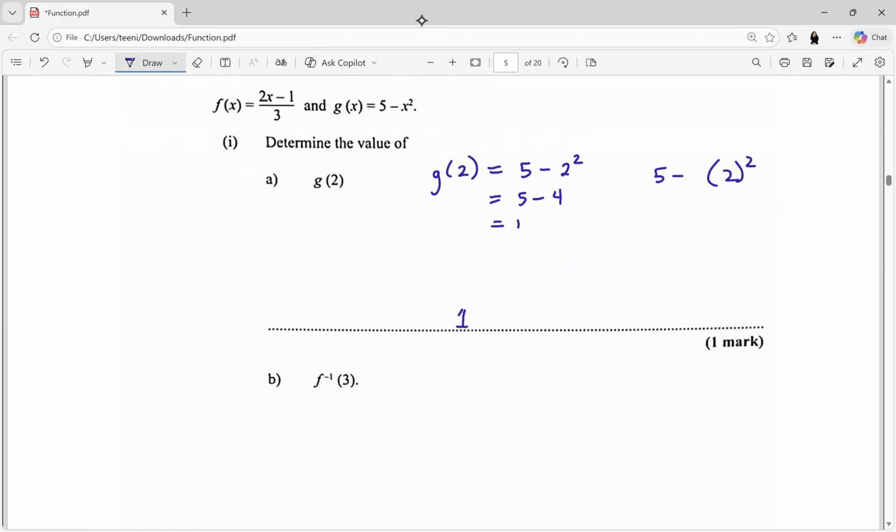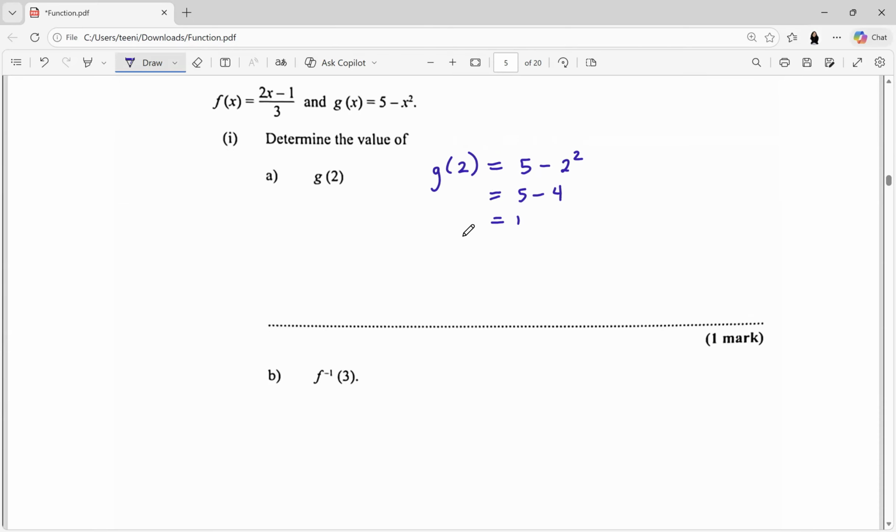But even if it was negative 2, it would still be 5 take away negative 2 squared, and that would be 5 take away 4, right? So this wouldn't change to positive because you would have to do the minus by the minus. Do you understand? Okay, so it would be 1, right?